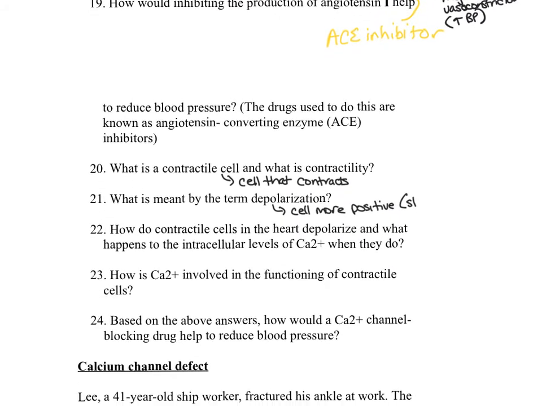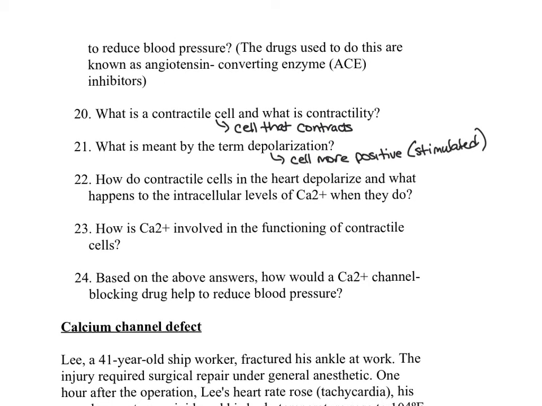Number 22, how do contractile cells in the heart depolarize, and what happens to the intracellular levels of calcium when they do? The conducting system of the heart is delivering action potentials to the contractile cells. So when an action potential reaches a contractile cell of the heart, it will open up sodium channels, and sodium will enter into the contractile cell.